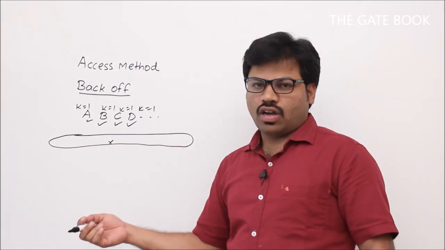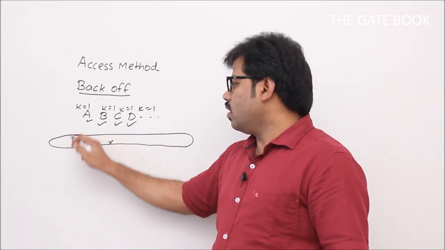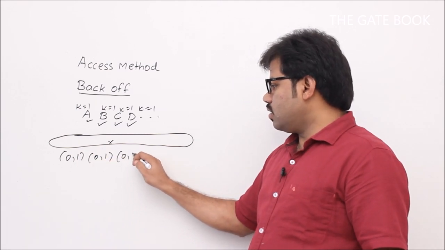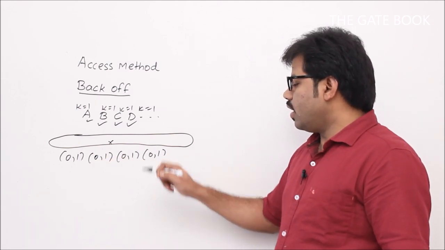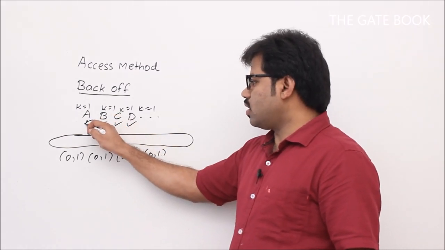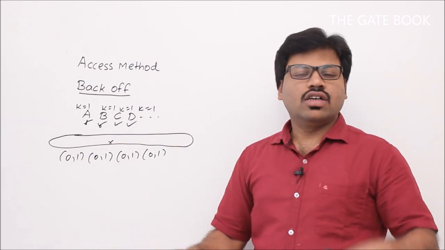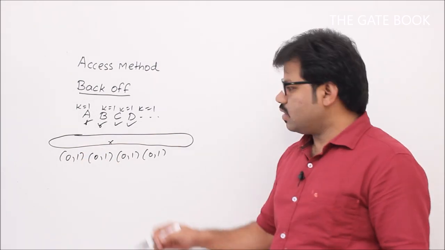Then they will try to draw a number between 0 and 1. Definitely there will be two systems that draw the same number, because there are only two possible numbers, right? So definitely there is a collision again, a second time.